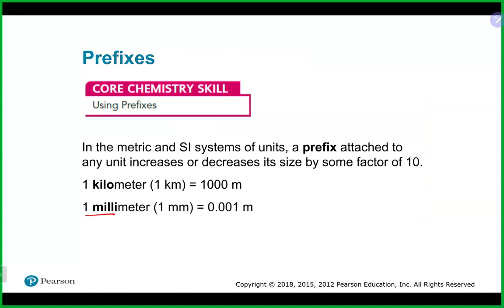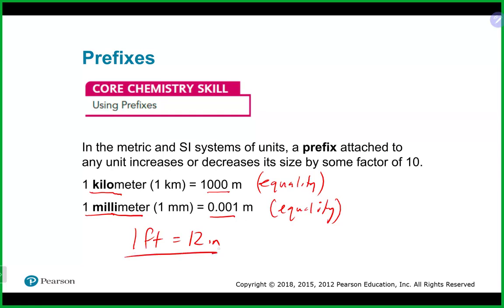So for example, if we have a kilometer, that is the same as 1,000 meters. That again is an equality. They both represent the same amount of distance or length. 1 millimeter is the same as 0.001 meters, also an equality. 1 foot is 12 inches, also representing the same amount, also an equality.